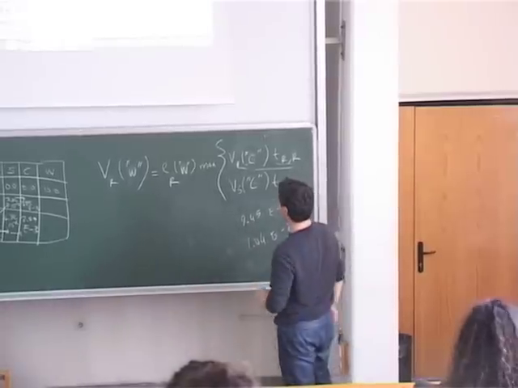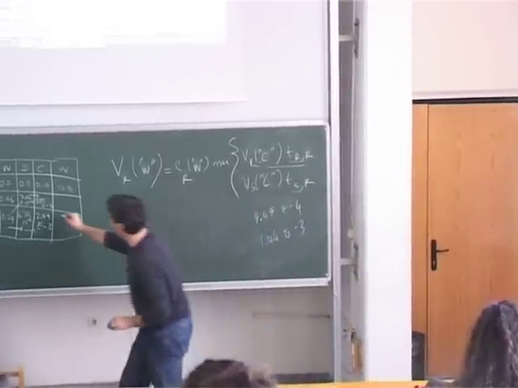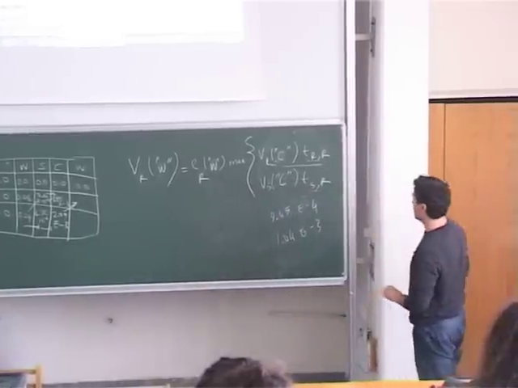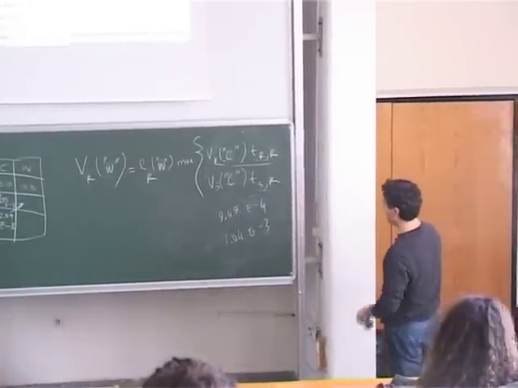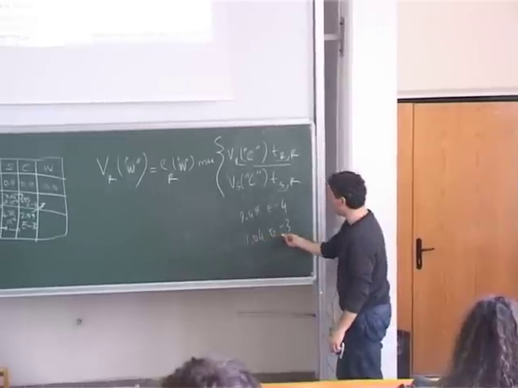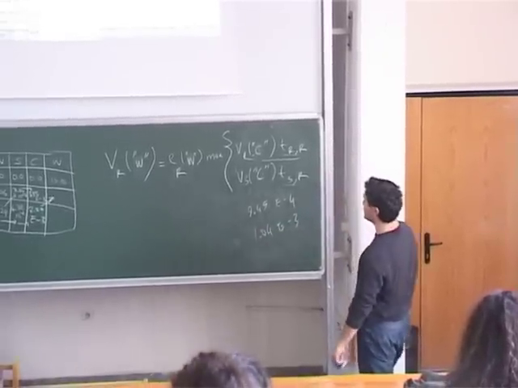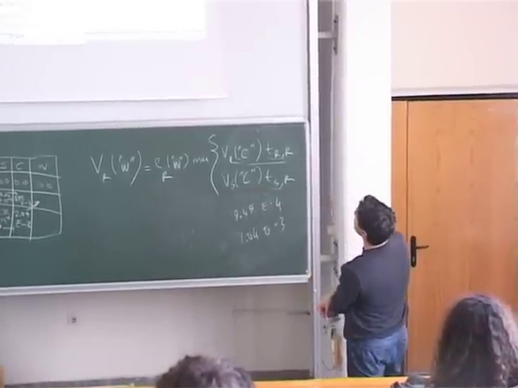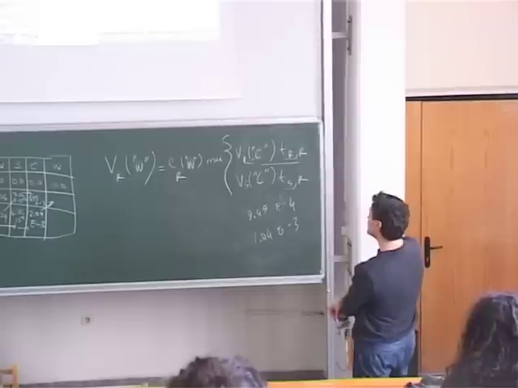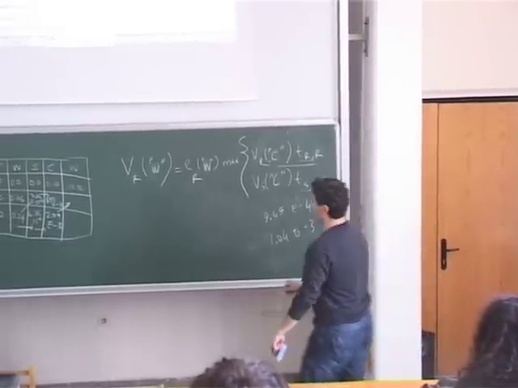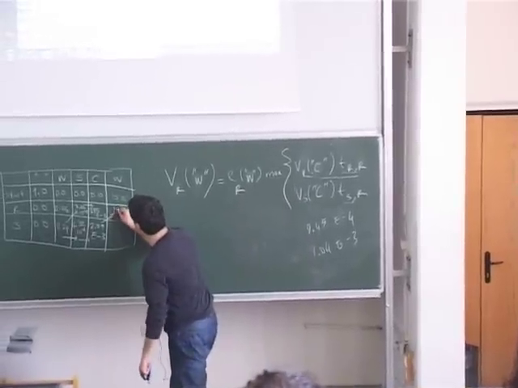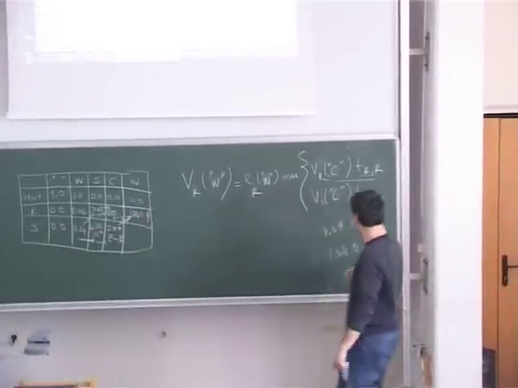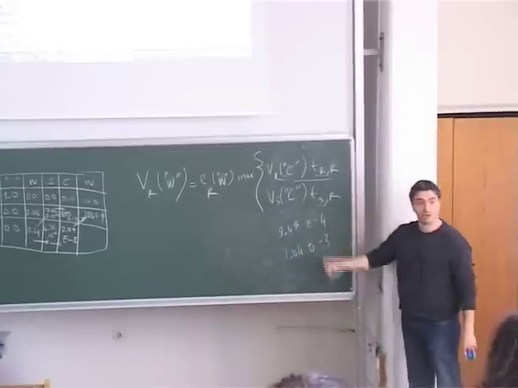We are choosing this one means that we came to this cell from here, and the final value is this 1.04 e to the minus 3 times the emission probability of W at a rainy state, which is 0.1. So it's going to be 1.04 e to the minus 4.